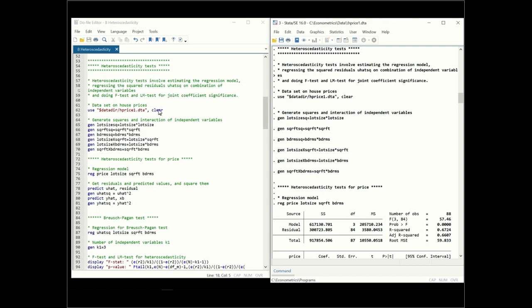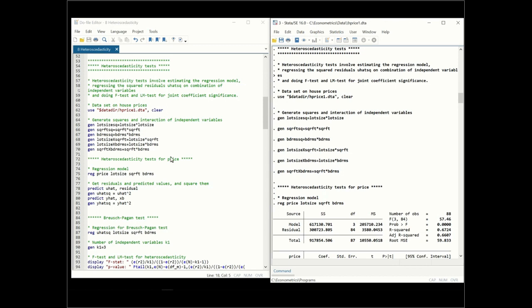We would be reading the same data set on house prices, and then I would be generating several variables. These include the squares of each of the independent variables: the lot size square, the square footage square, and the bedroom square. And then I would calculate the interactions between two variables like that we have here.